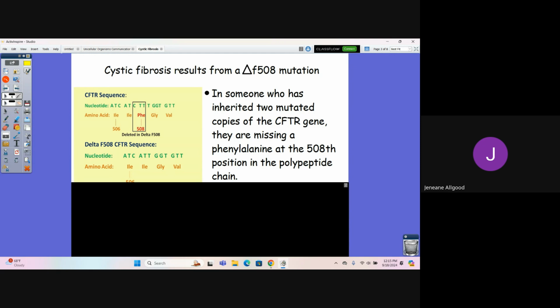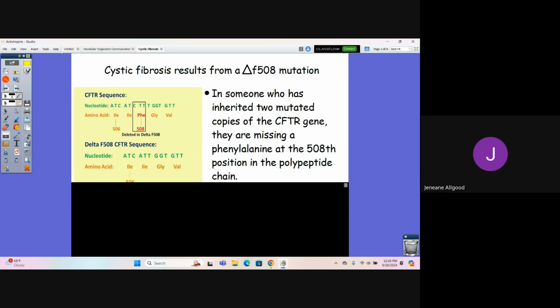So in someone who has inherited 2 mutated copies of the CFTR gene, this disorder, cystic fibrosis, is an autosomal recessive disorder. Therefore, the people who show it are going to have inherited a mutated copy from both parents.